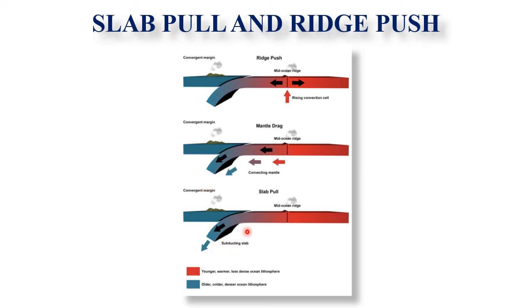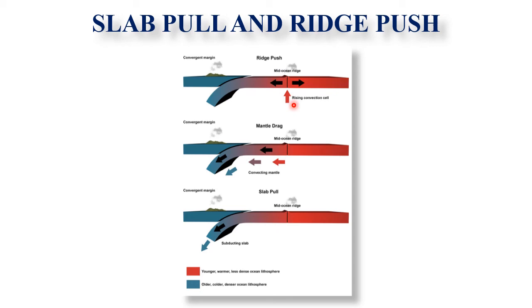These lithospheric slabs, as we can see over here, are subducting into the mantle because they are roughly 2% denser than the underlying asthenosphere. Another important force is ridge push, as we can see in this diagram.